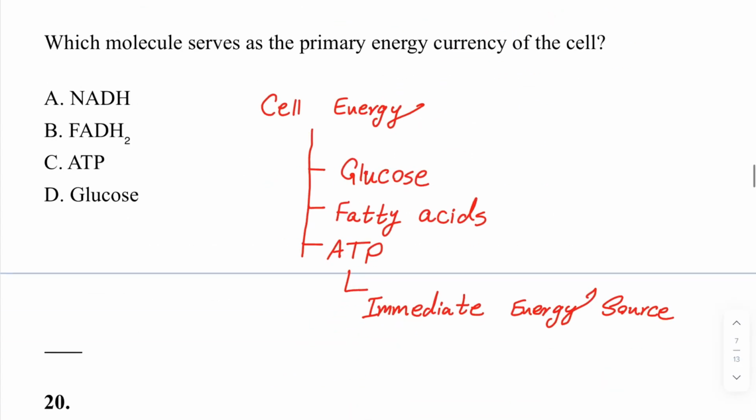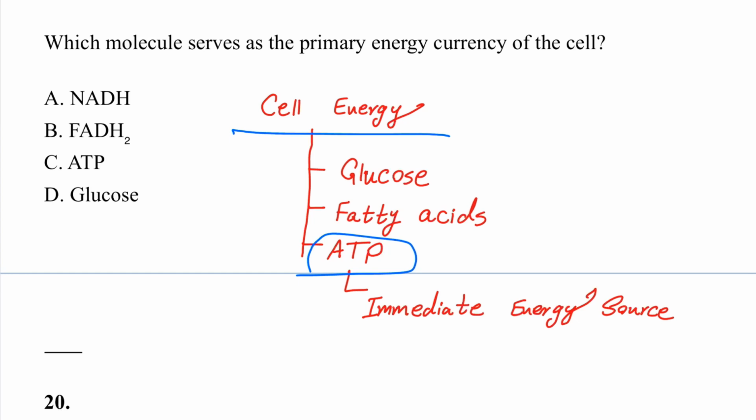So, number 19. Which molecule serves as the primary energy currency of the cell? A. NADH, B. FADH2, C. ATP, and D. Glucose. Cells require a constant supply of usable energy. While glucose and fats store energy, they cannot always be used immediately. ATP serves as the universal energy currency of the cell.